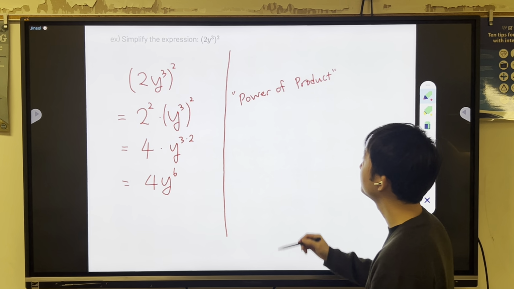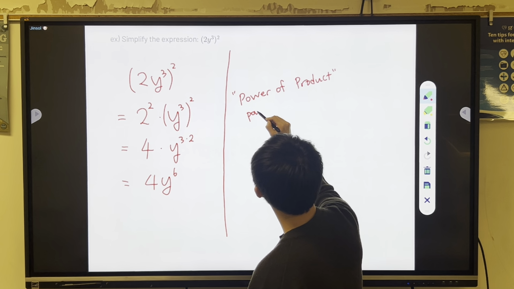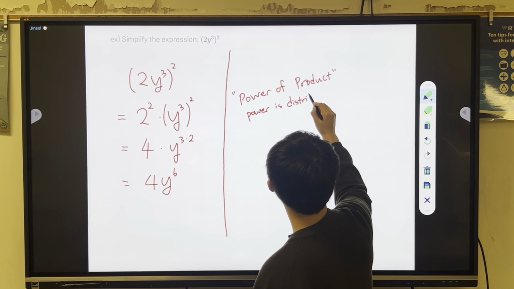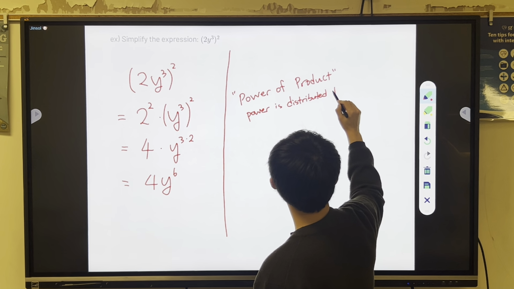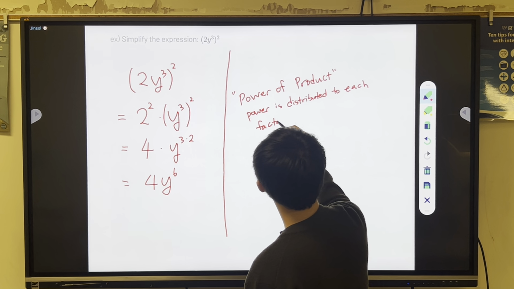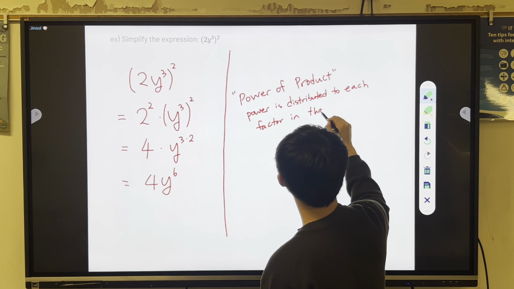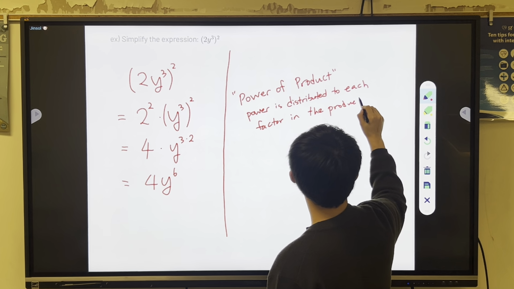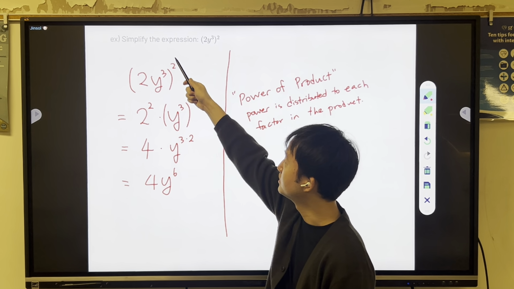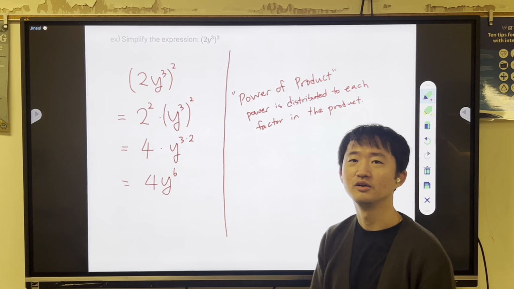The power of a product means the power is distributed to each factor in the product. So that's where the power is distributed to 2 and y to the power of 3.